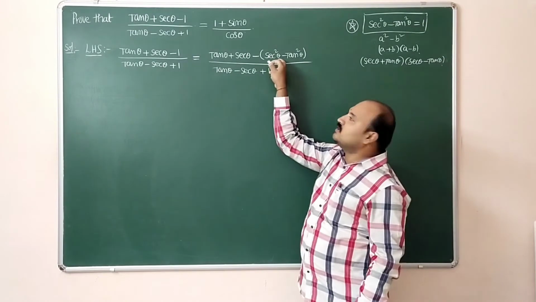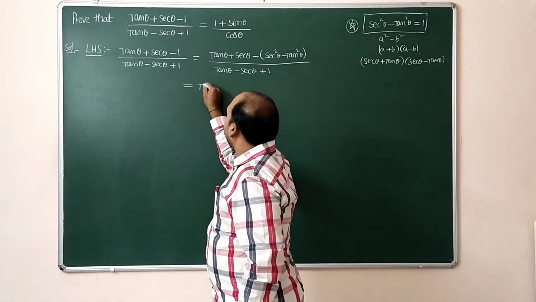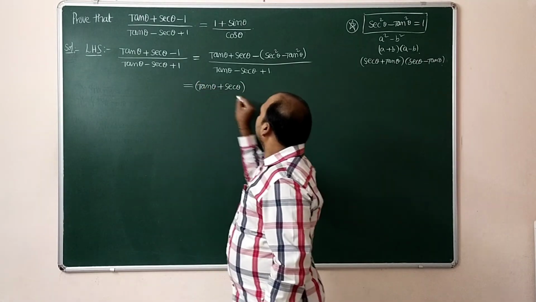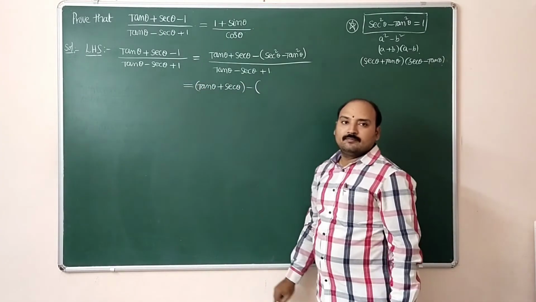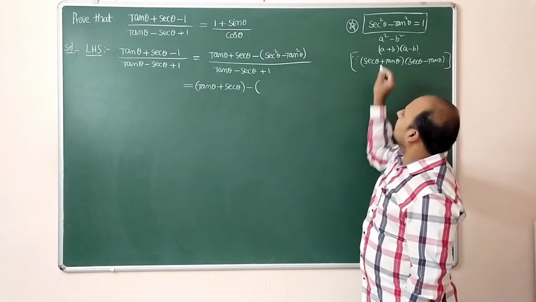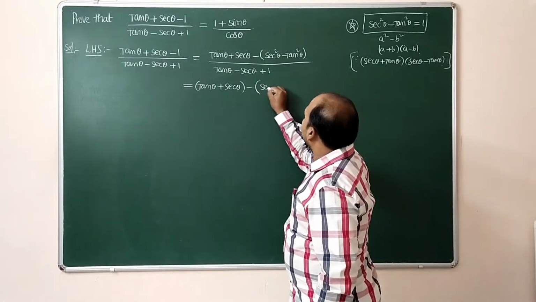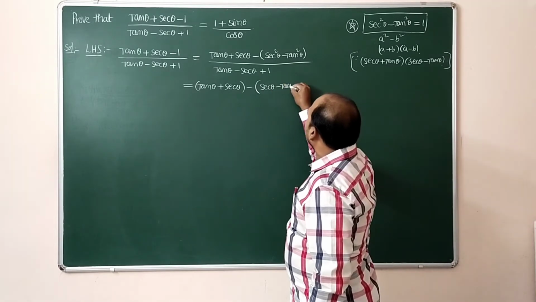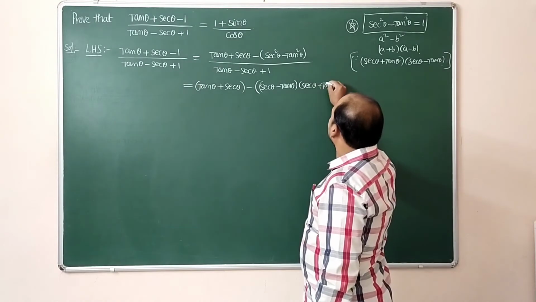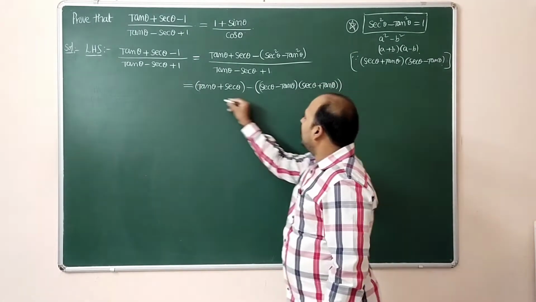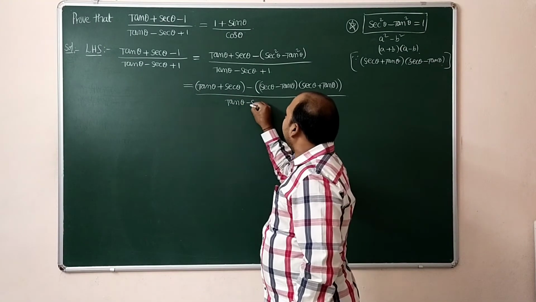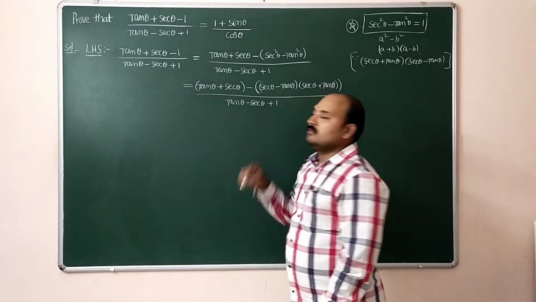So wherever this value is there, tan theta plus secant theta minus, keep bracket. In place of this, you have to replace with this value: secant theta minus tan theta into secant theta plus tan theta, whole divided by tan theta minus secant theta plus 1.